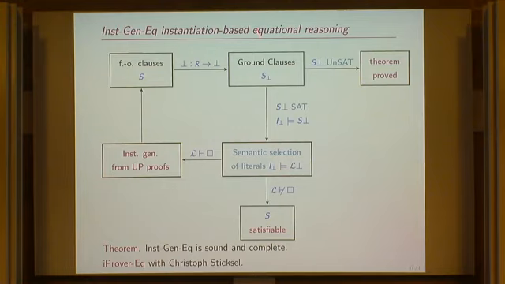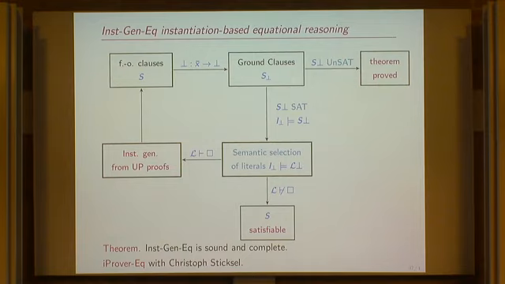Otherwise, we take a look at the literals in this model, and now we need to apply some more unit superposition and extract relevant instances from the proofs by this unit superposition. And add relevant instances to our set, of course.